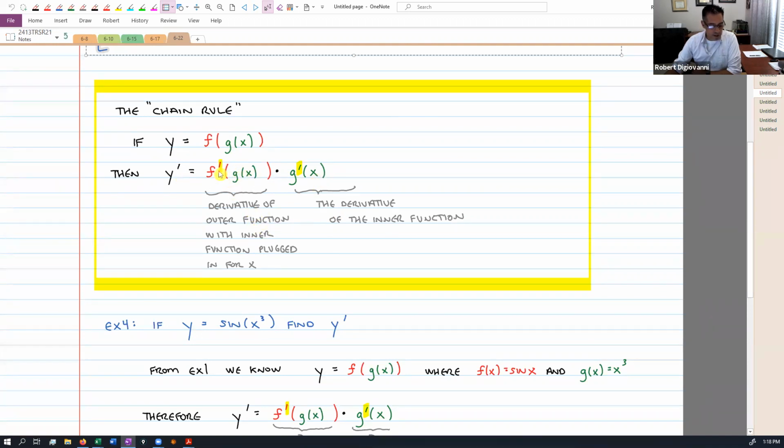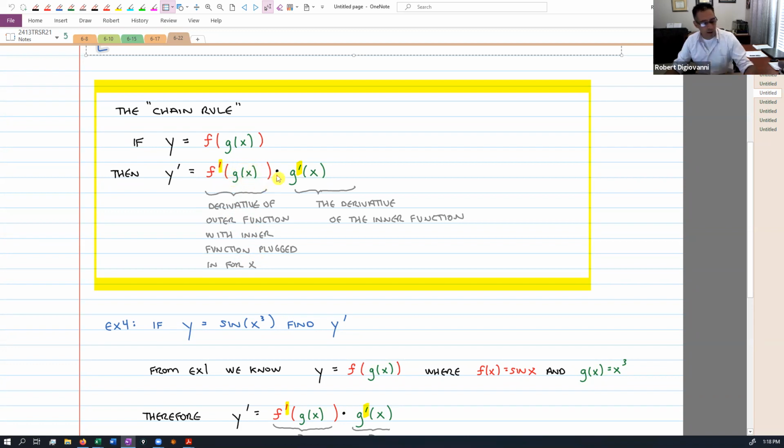This first statement says, what we're going to do is take the derivative of the outer function. Whatever the outer function is, we're going to take its derivative. And then we're going to plug the inner function into it for x. So it's almost like another composition. You're going to be putting g inside of the derivative of f. That'll be the first part of the answer.